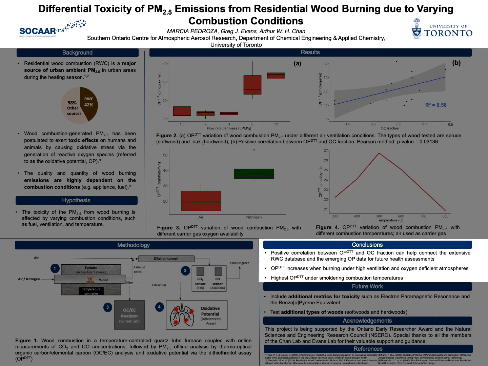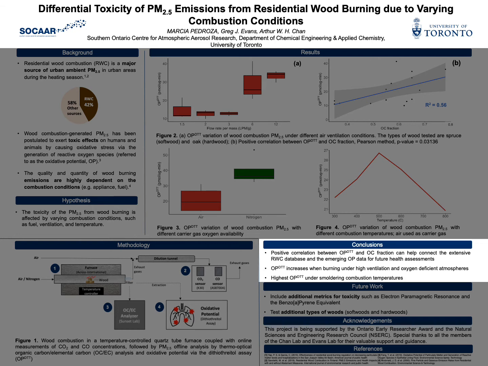So, what are the keynotes here? Well, first of all, the positive correlation between OPDTT and the OC fraction could actually be helpful in connecting the extensive wood combustion database and the still narrow, emerging oxidative potential data for future health assessments.